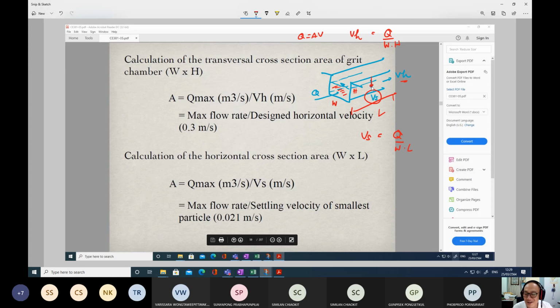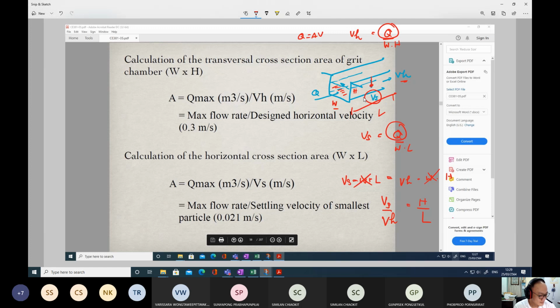And they are the same Q, so that Vs into W into L will be equal to VH into W into H. W gets cancelled. So finally, we get Vs divided by VH is equal to H divided by L. H is the depth.